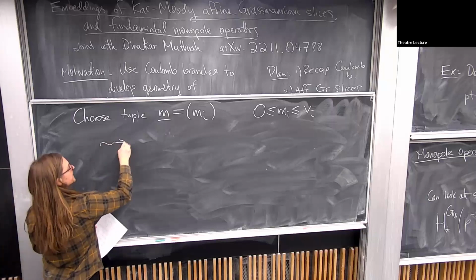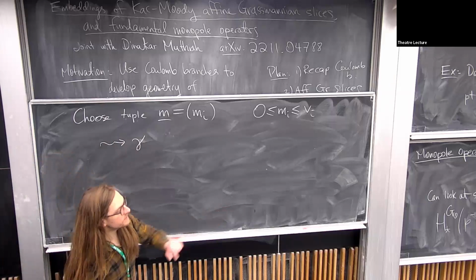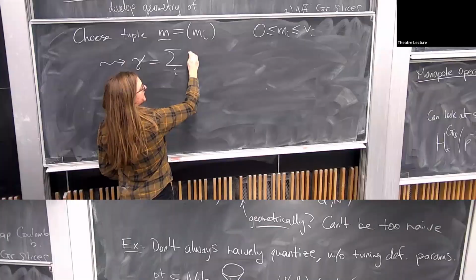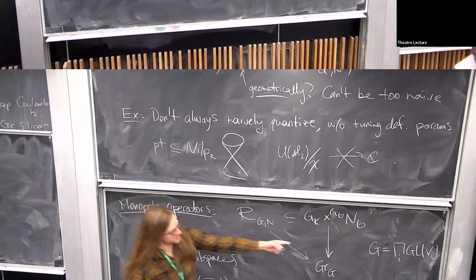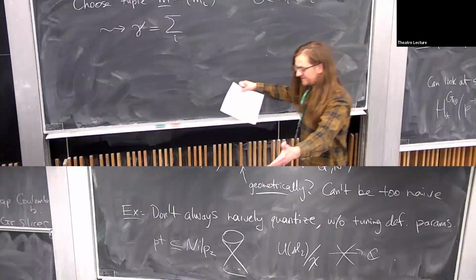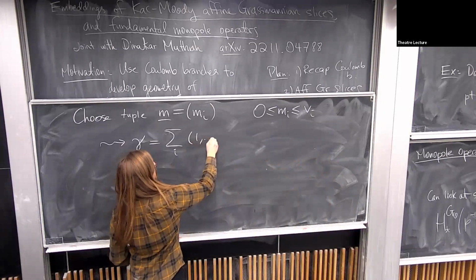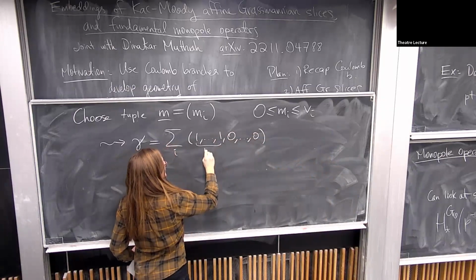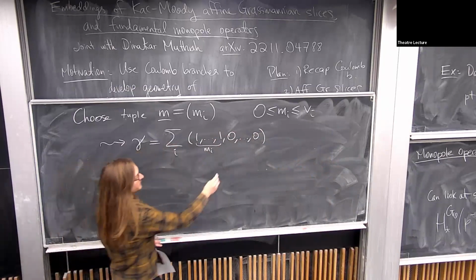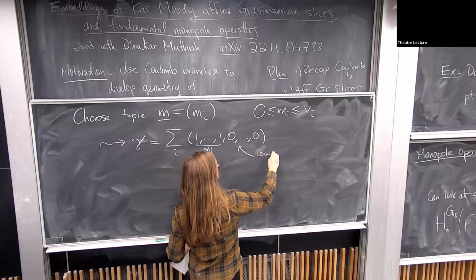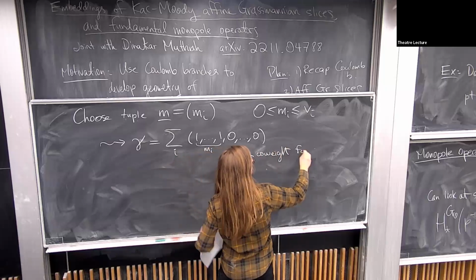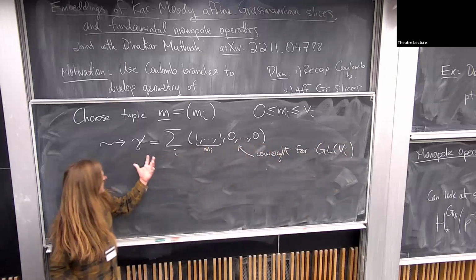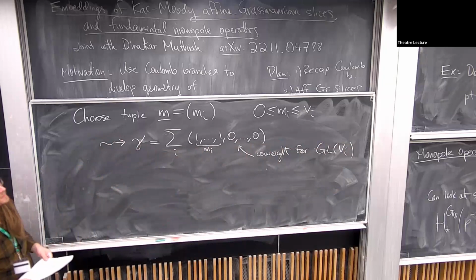And what we can do is associate a coweight gamma for this group G. At every single node, where we have a product of general linear groups, the cocharacters of those are just tuples of integers. So you take a fundamental coweight. Here I have M_i elements, and I'm thinking of each individual summand as a coweight for GL_{V_i}. So we can naturally interpret their sum as a coweight for the product.